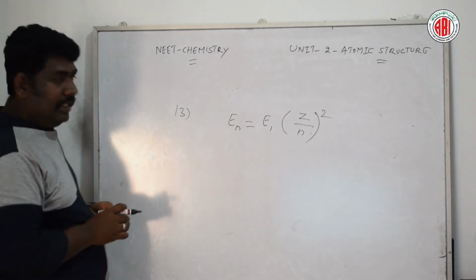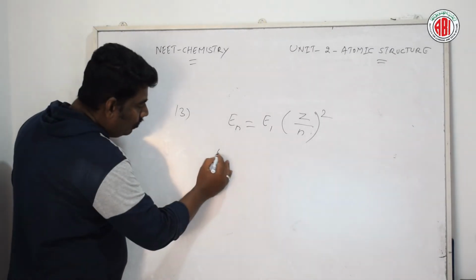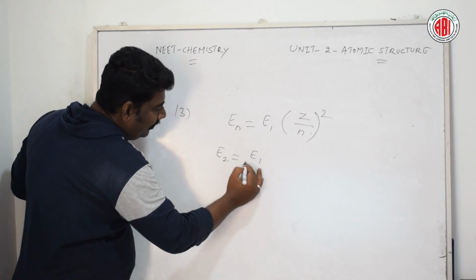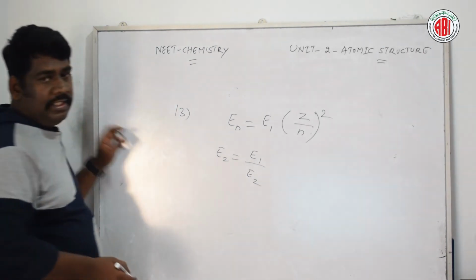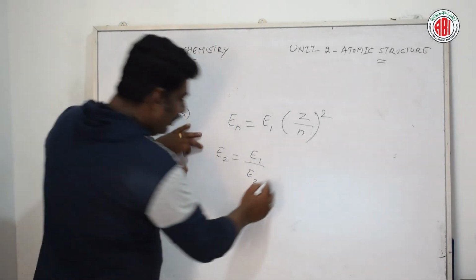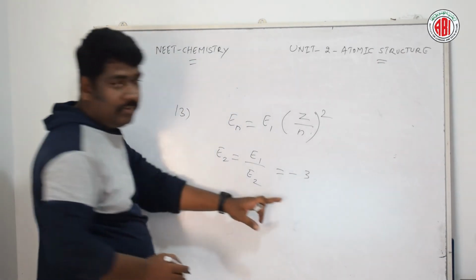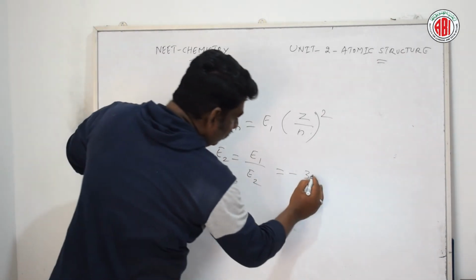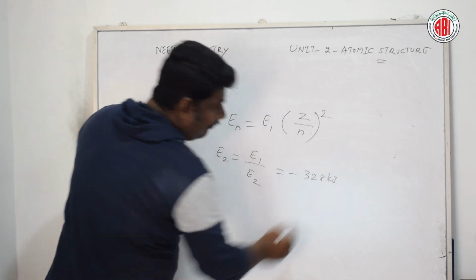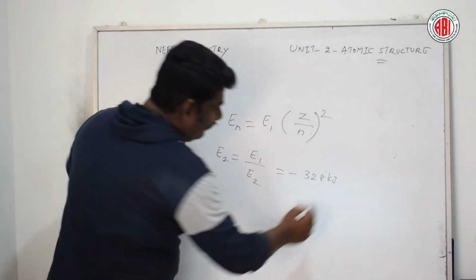Here it is given as E2, so E2 is minus 328 kilojoule per mole, as given in the question.